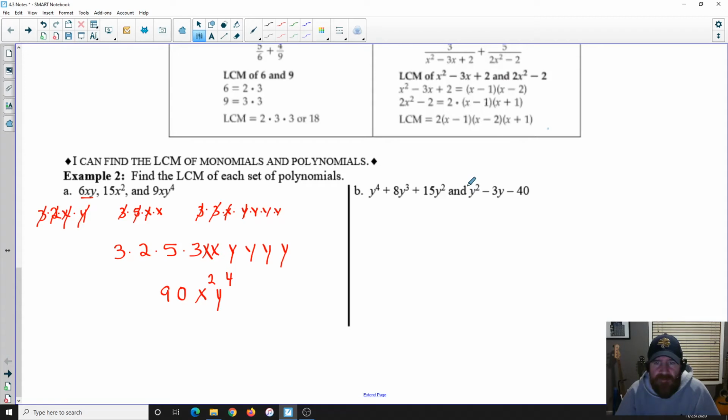Now we look at this. Okay, now we're going to have to factor this first. Anytime we have multiple terms, instead of just single terms, we have to factor out first. So in this one, y squared can come out.